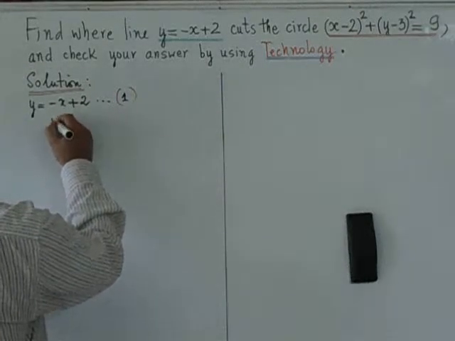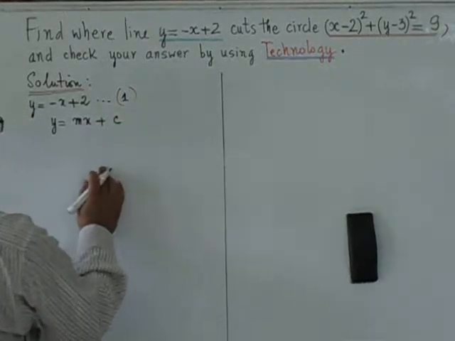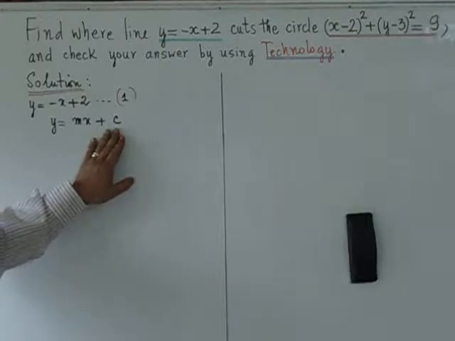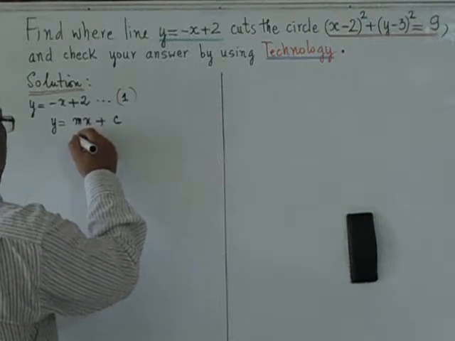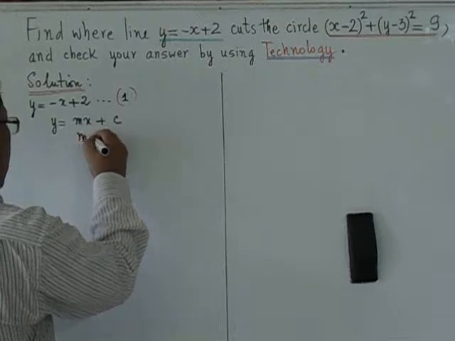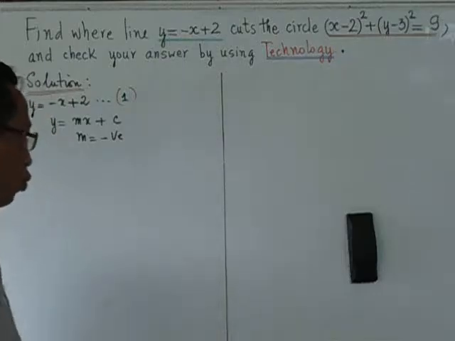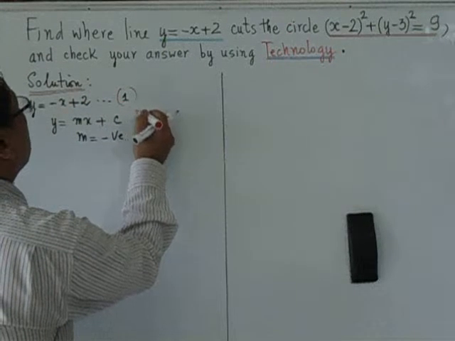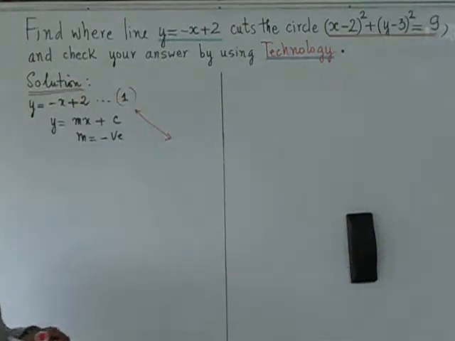This equation is in the form of mx plus a constant, which we call the slope and y-intercept form. So when m is a negative value, we know the graph is drawn in the northwest direction, this direction.